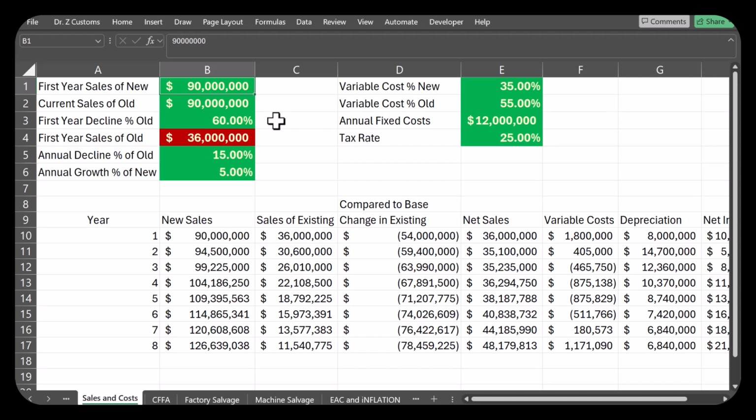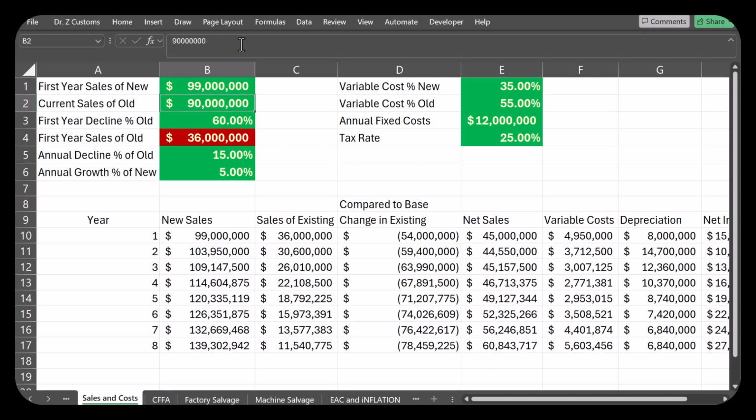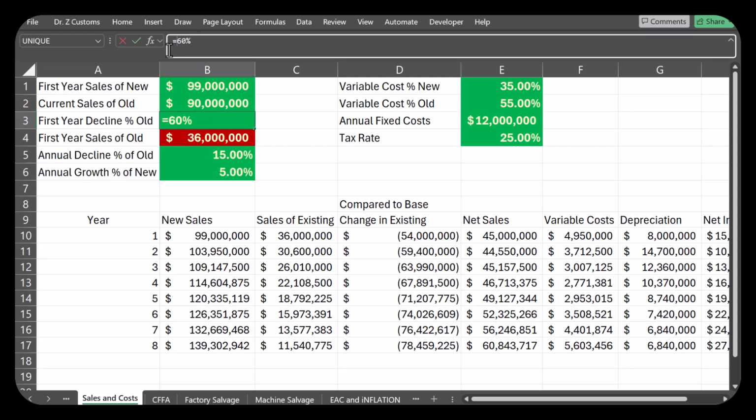I'm going to actually do this to make my life easier later on. 1 plus 10%. I'm going to leave that as it is. First year decline of the old. What did I say? That's 5%.